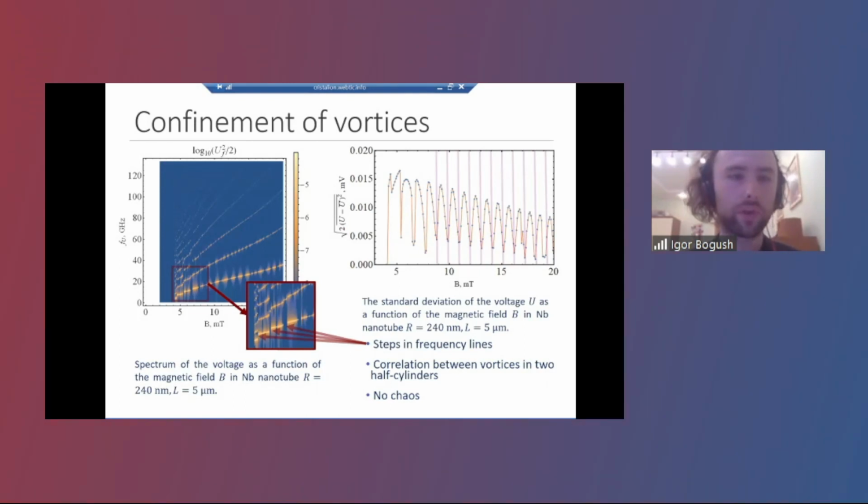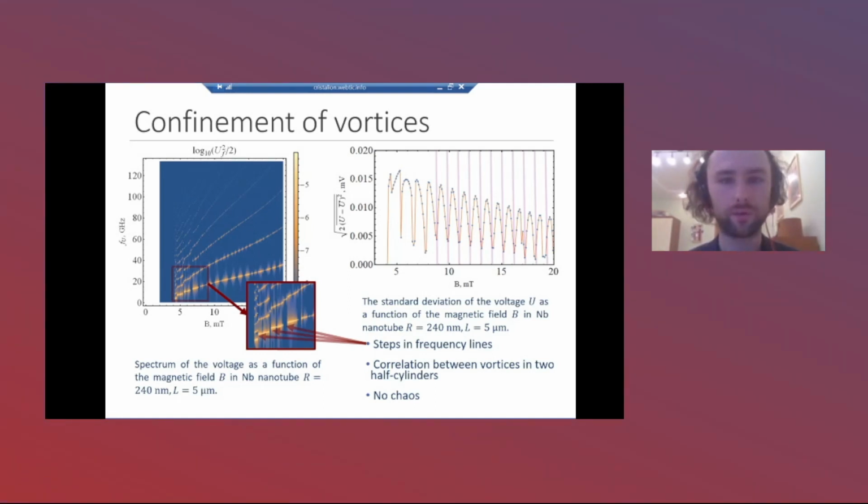If we take a smaller nanotube, for example, our previous slides were done for the nanotube with radius equal to 390 nanometers, and we had chaos, we had fractional harmonics.